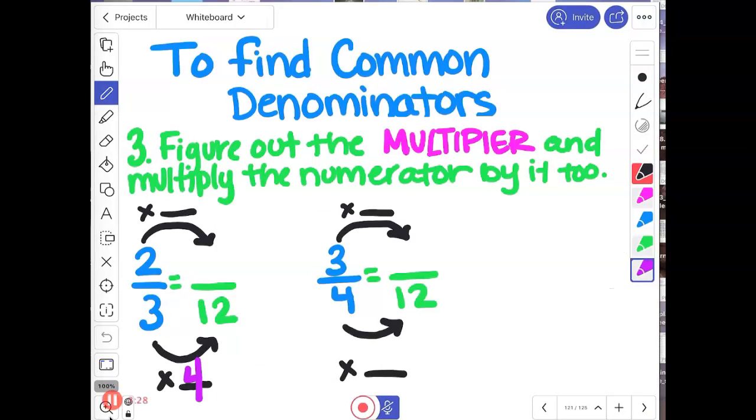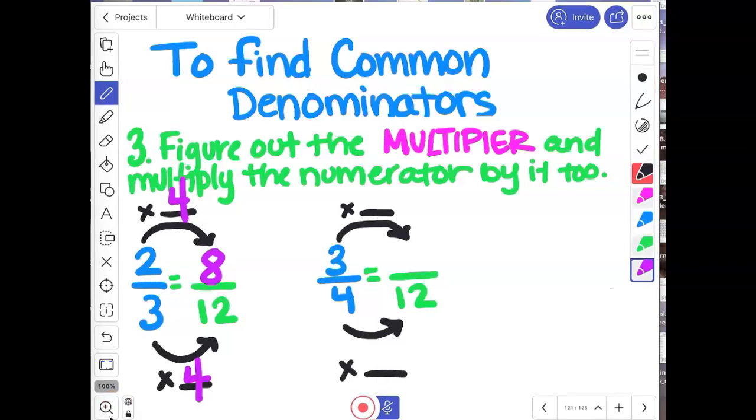I have to multiply the numerator by the same number. So if I multiply by 4, I've got to multiply by 4 on top. What is 2 times 4? It's 8. So now I've made a new fraction equivalent to 2/3. It is 8/12. I'm going to do the same thing over here.